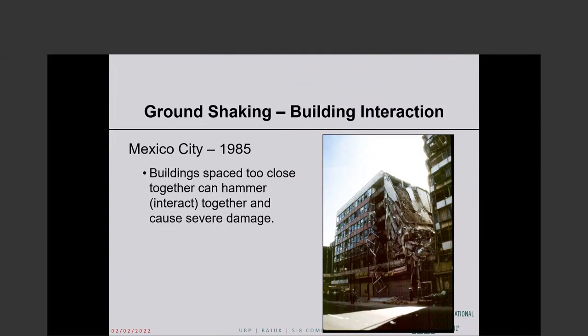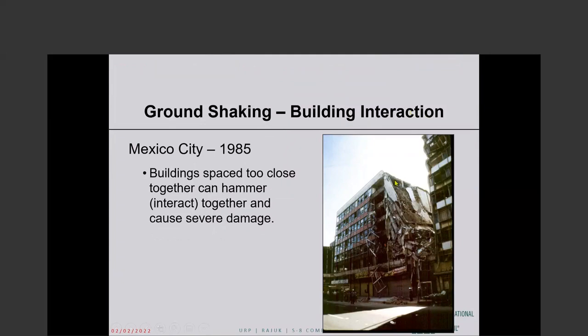Hammering. Buildings. I believe this was the Supreme Court of Mexico after the 85 earthquake.